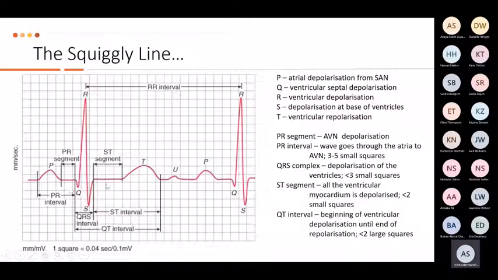And then you've got your ST segment here, which is your ventricular repolarization, sorry. And then you've got your QT interval here, which is your depolarization and your repolarization. The main things that you really need to know is just this: it's the P wave followed by a QRS complex, and then you've got your T wave after that.